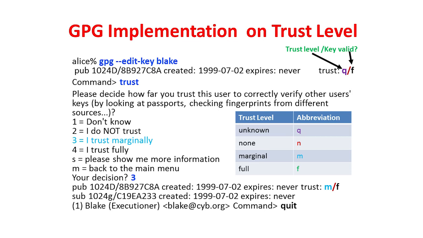Now the trust level is changed to m, shorthand for marginal trust level, and still valid. Therefore, we use the notation m/f in this GnuPG software output. The right side table shows the trust levels and their abbreviations.